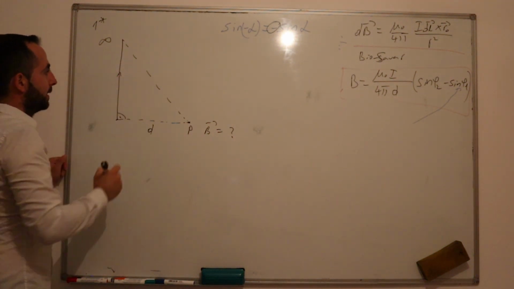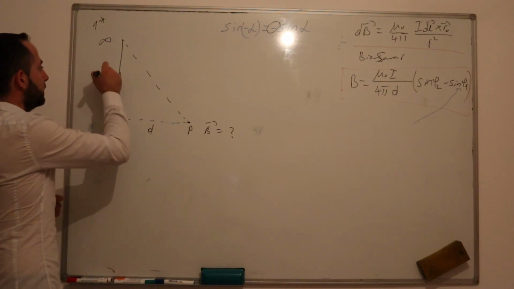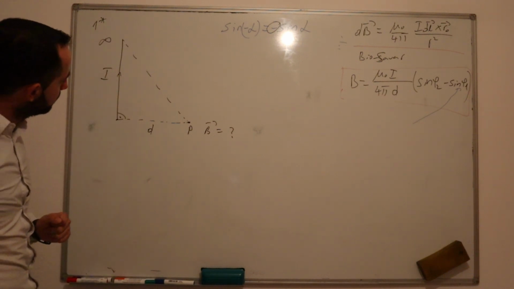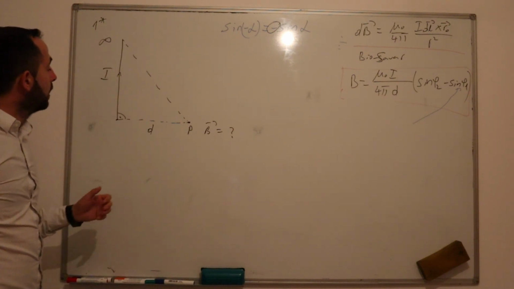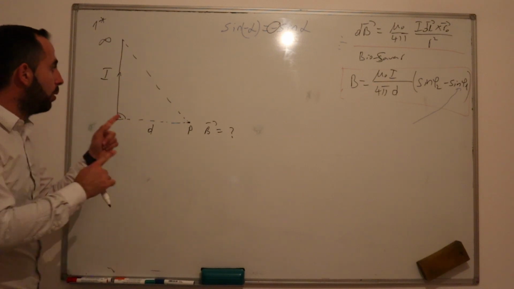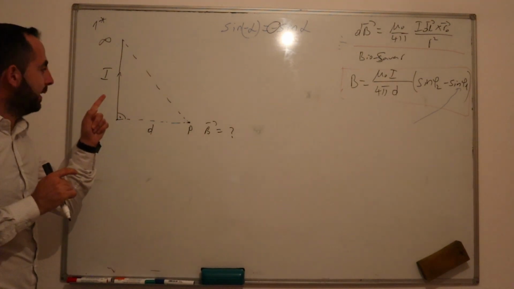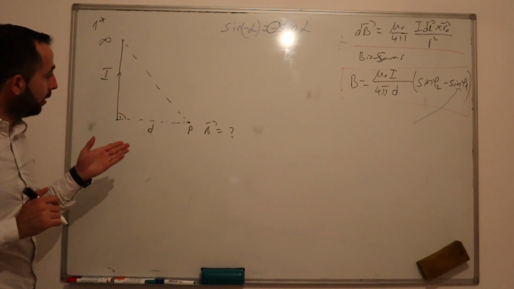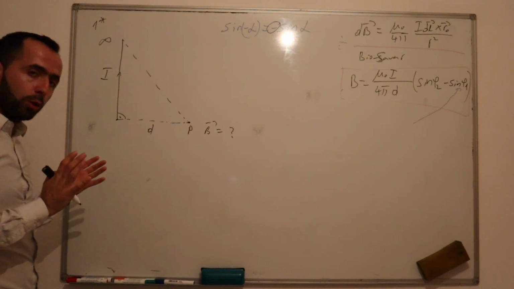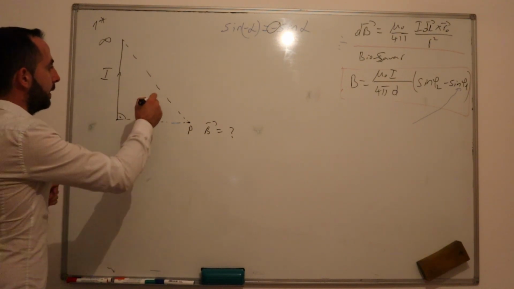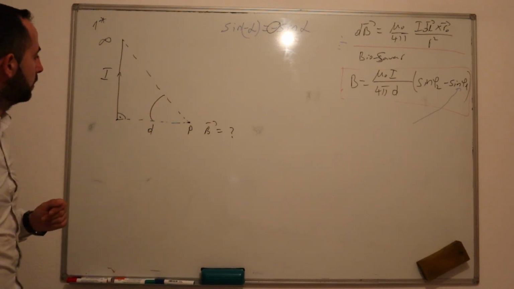Okay, we will have that this is the current I. But what do we have now? As you can see, now we can visually see only one angle. And that's it. That's this angle.